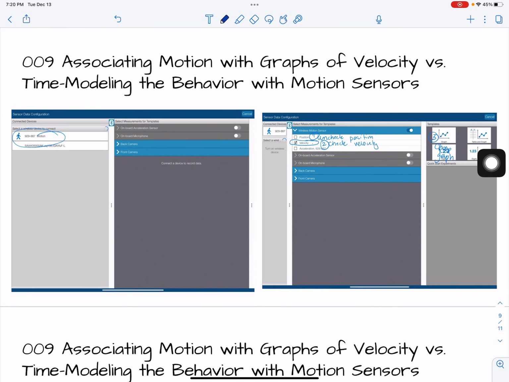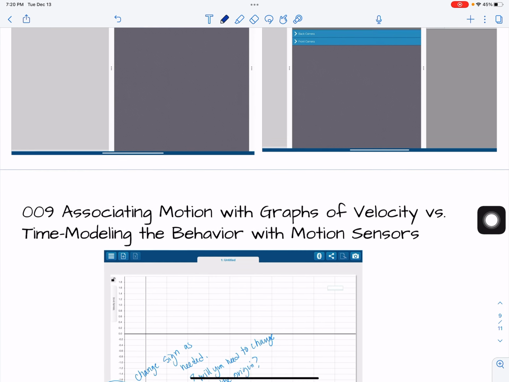And then you will connect your sensor, make sure it's your sensor. But instead of choosing position, we want to uncheck position, check velocity, and then choose a graph. So that's going to give us graphs of velocity versus time.